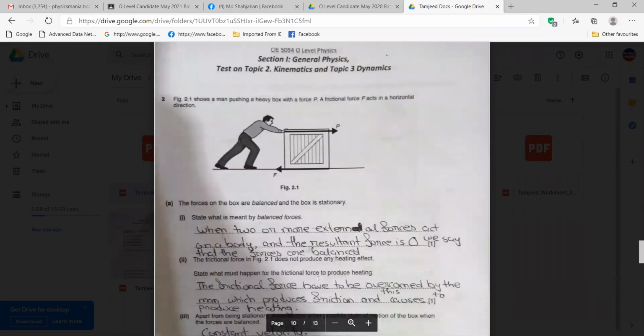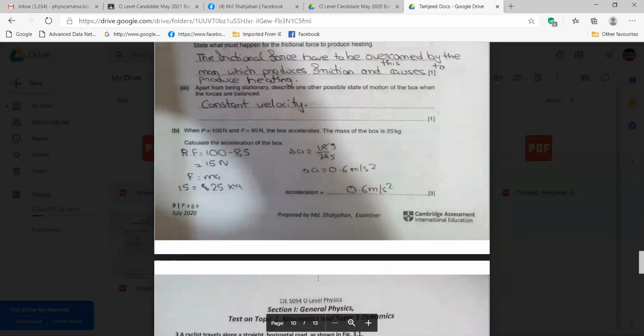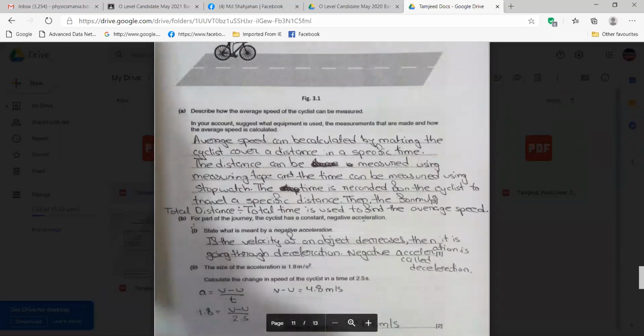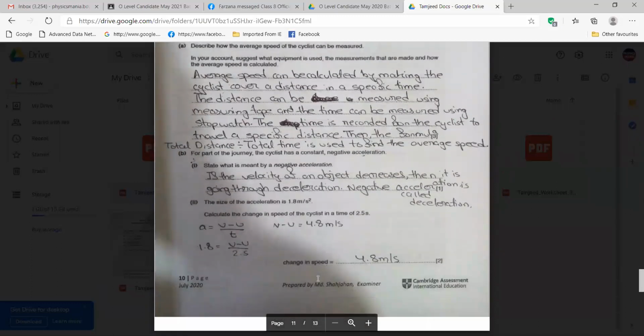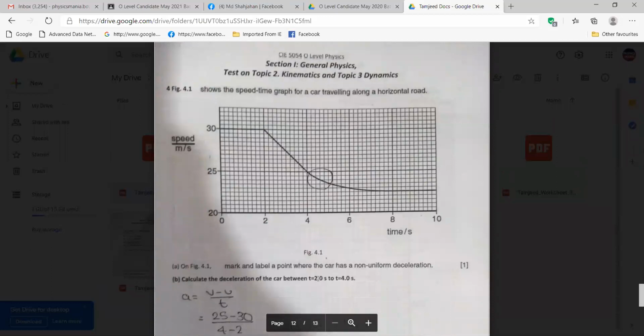Okay, this question, I did not cut your mark, but maybe sometimes in exams they cut the marks.